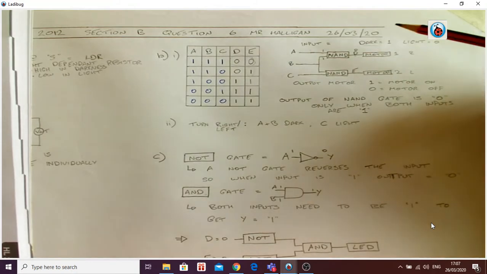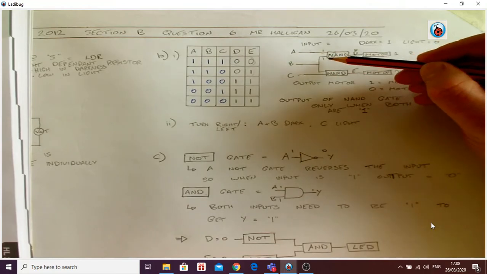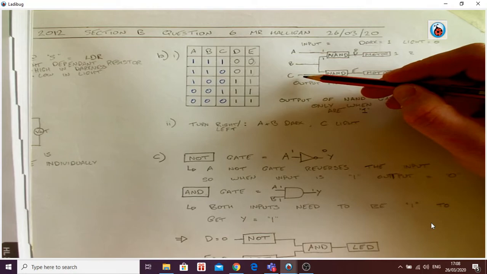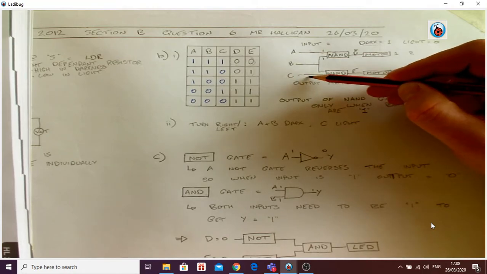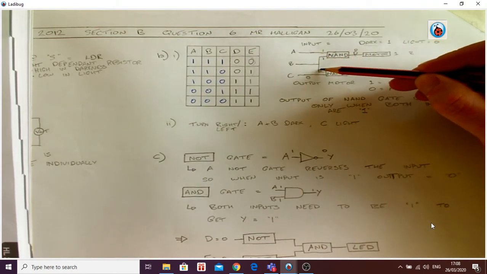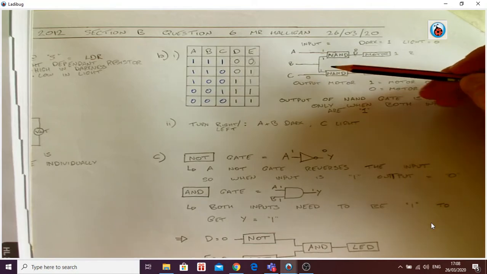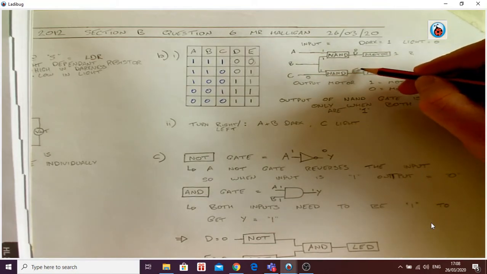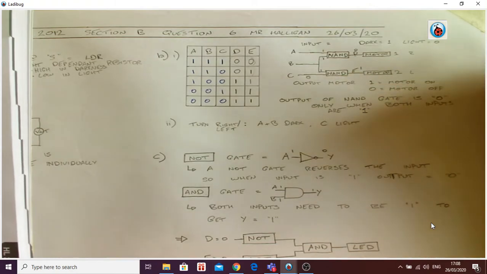However, if B is still 1 and C now, someone points a laser or turns on a light over here, then since there's light over here, this is 0 and there's a 1 there. 0 and 1, the NAND gate will flip that around and give us a 1. Therefore, motor 2 turns on.